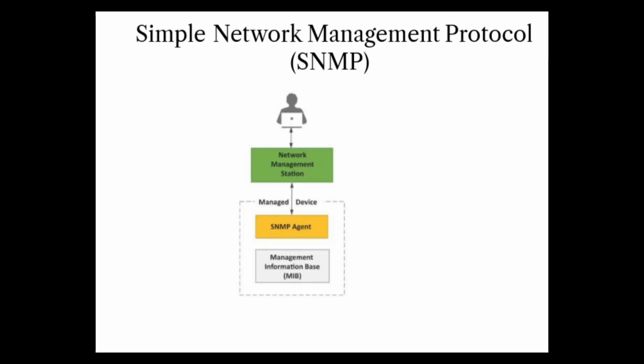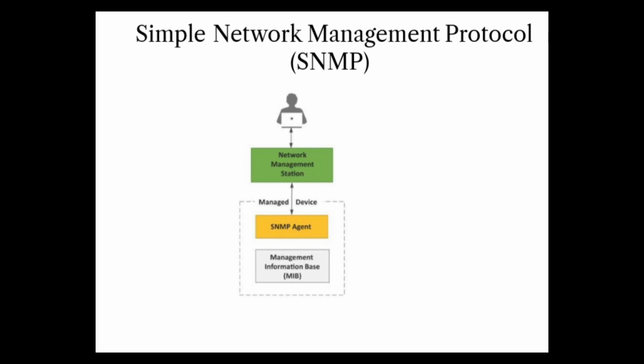The next slide is SNMP. This is the very old way of managing IoT devices. For years, we used SNMP. Imagine the network management station is the manager at a desk. The managed device is the greenhouse.